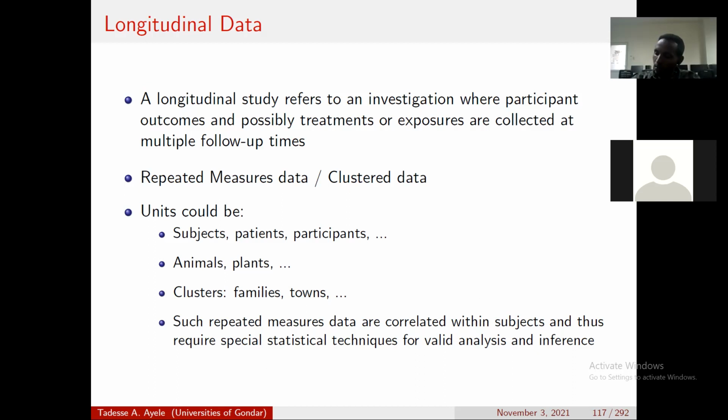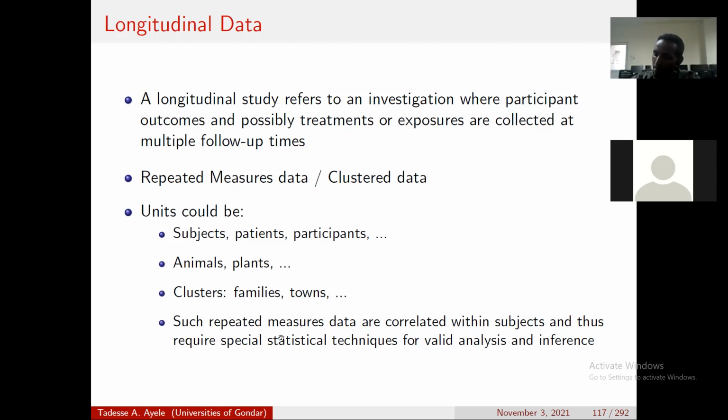At the same time ከሆነም ኮሪሌትድ ይሆናል፣ ያን ዴታ ነው ሪፒትድ የምንለው። ለማጠቃለል ያህል ዴታ might be correlated due to one, longitudinal nature of the data, two, cluster nature of the data, three, repeated nature of the data.